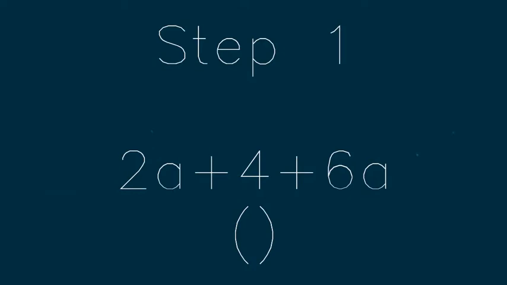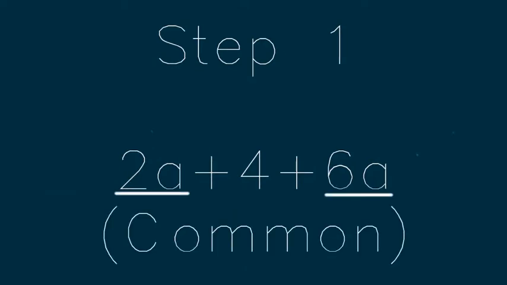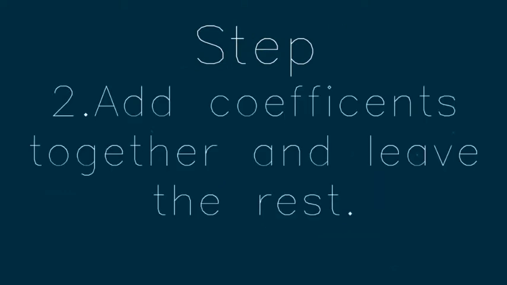First of all, just looking at it, a is common to both of these terms in this algebraic expression, and the exponent is equivalent to 1 on both sides, on 2a and 6a. So basically what you do is add the coefficients together and leave the rest. You add the coefficients together. This is going to be the second step.